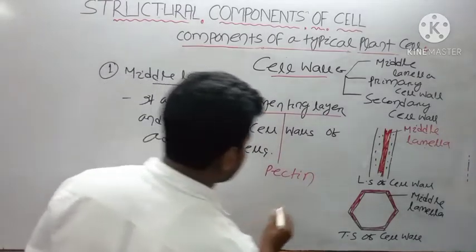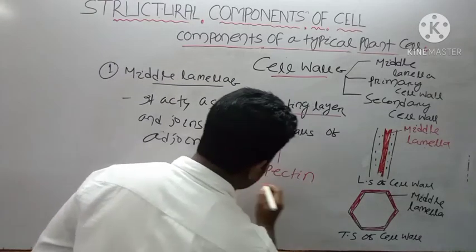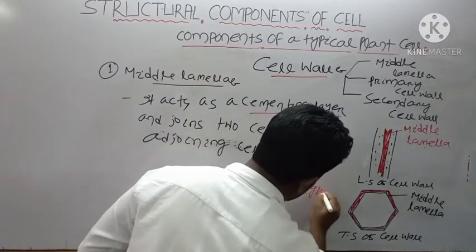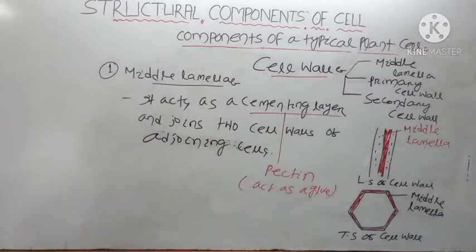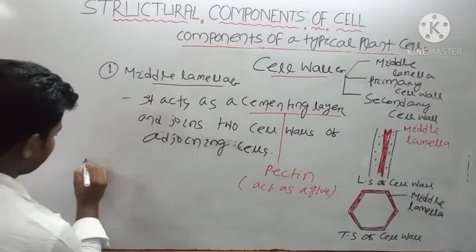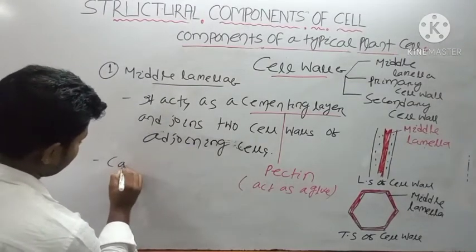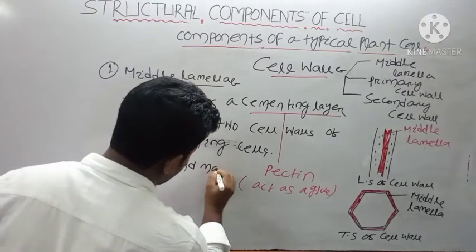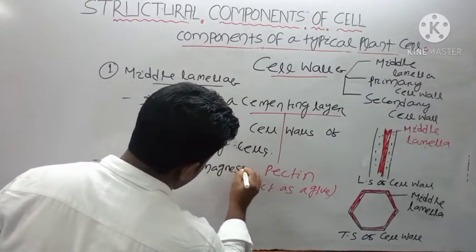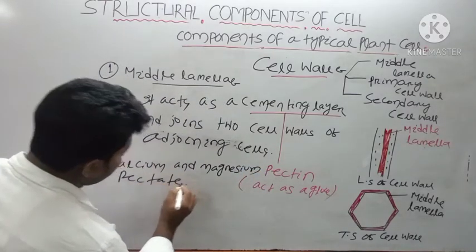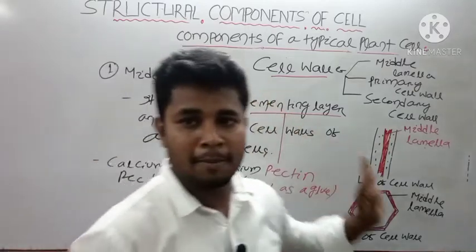Presence of a substance which acts as a glue to unite these two cells. Okay, these pectins are present in the form of calcium and magnesium pectate, which is the main chemical composition of middle lamella.